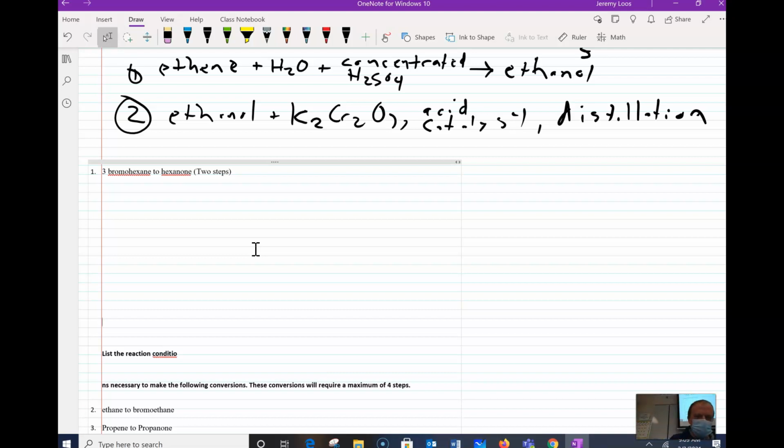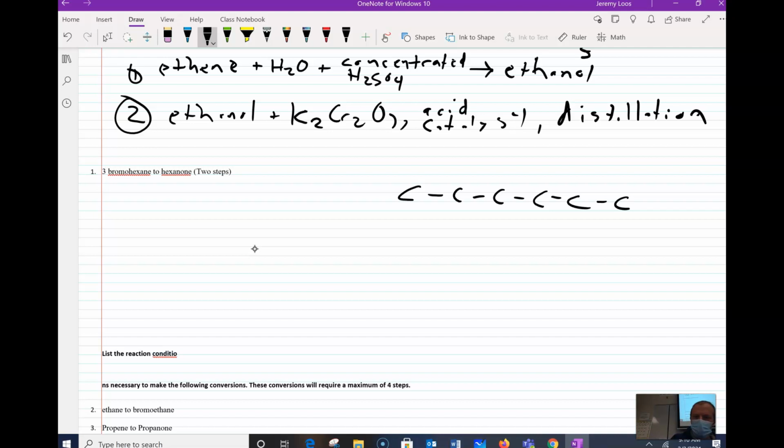In all of these cases, let's look at another two-stepper here. 3-bromohexane to hexanone. All right, so let's think about this. Oh, by the way, it probably should have a number in the hexanone, like 2, 3, 4, 5, 6.